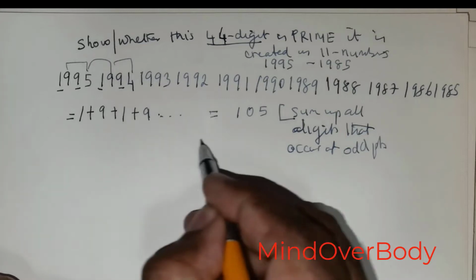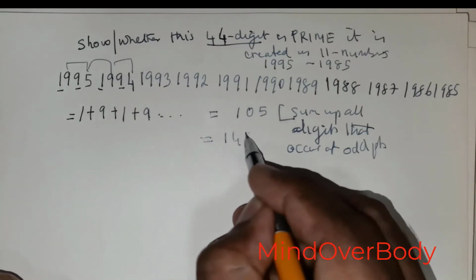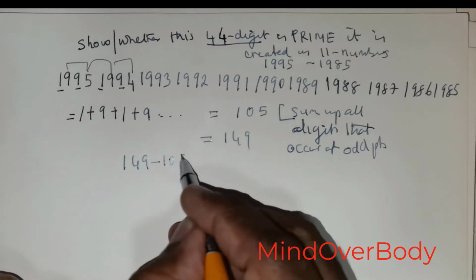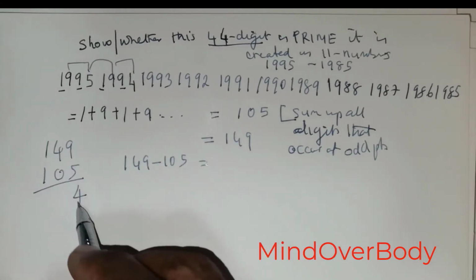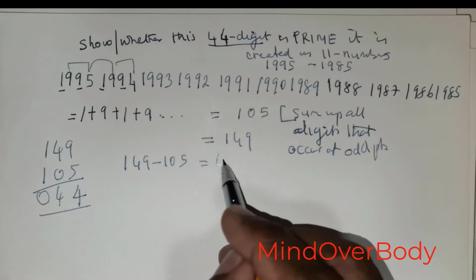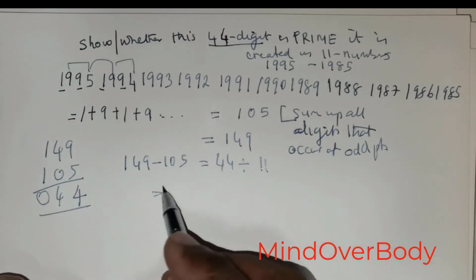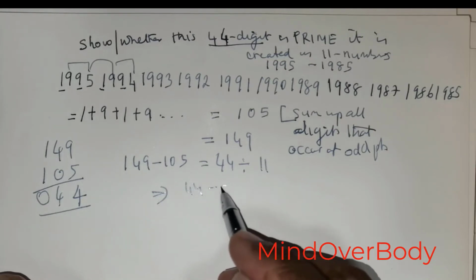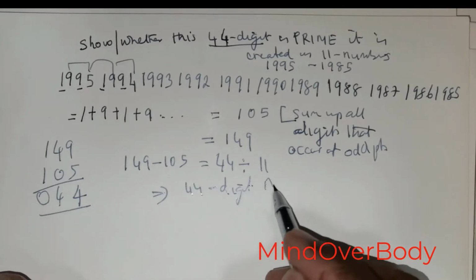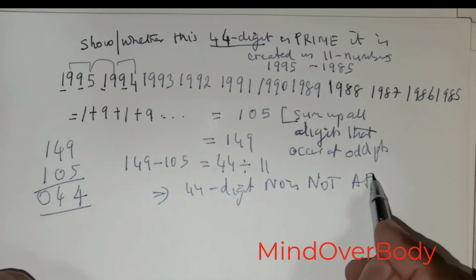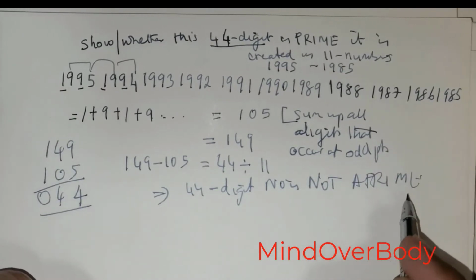That would give you around 149, and then he subtracts 149 minus 105. You are going to get 44, and this is clearly divisible by 11. So this would mean the 44 digit number is not a prime number. So this is the conclusion he draws.